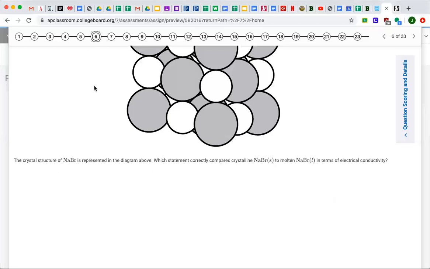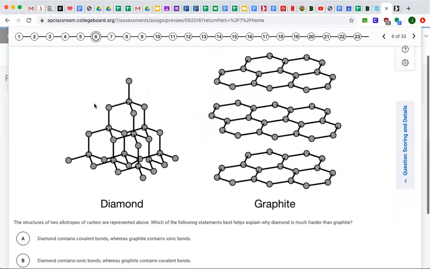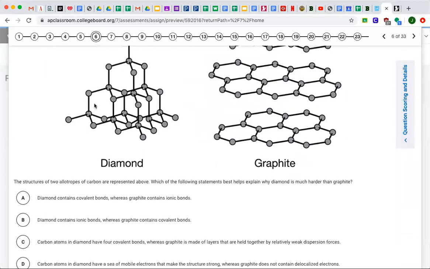All right, so number 6. You've got diamond and graphite, two allotropes. Which of the following statements best helps explain why diamond is much harder than graphite? Give it a quick read and we'll talk about it in about 30 seconds.